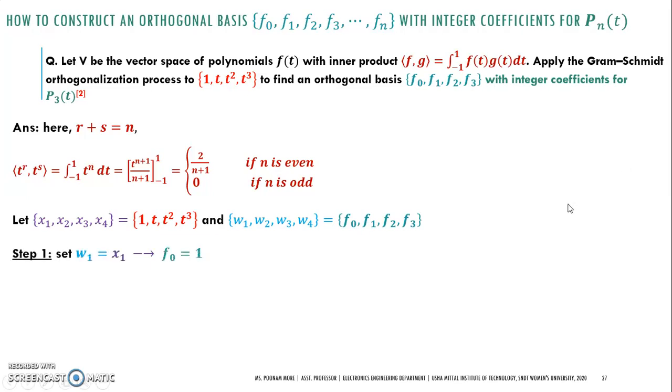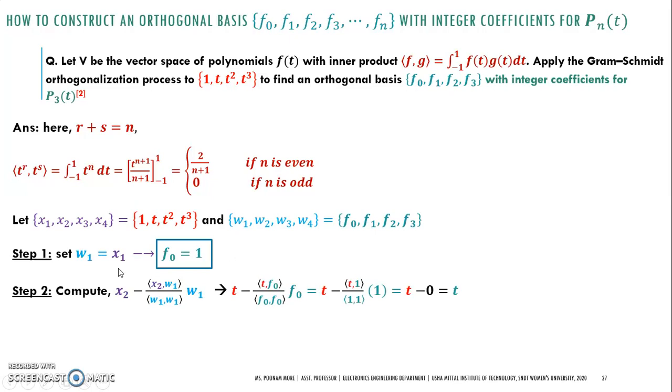So let's start with step 1 of the Gram-Schmidt orthogonalization process, in which we set w1 equal to x1. Here w1 represents f0 and the x1 value is 1, therefore the value for f0 becomes 1.